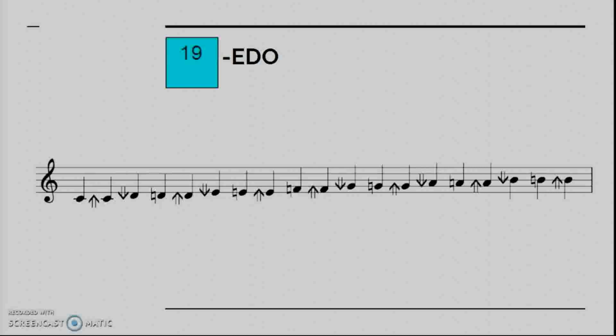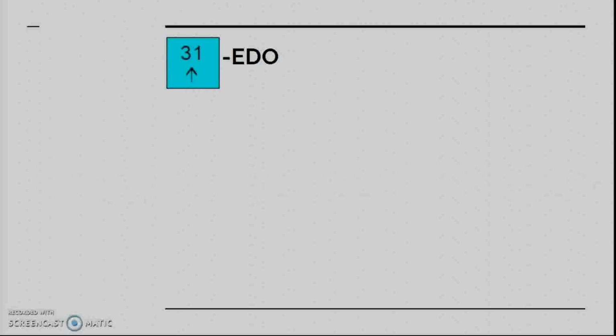If you're curious, here's what 19 looks like in the sagittal style, which rejects conventional sharps and flats. We haven't seen this symbol yet, and you don't need to worry about it yet, but that's basically sagittal's own sharp and flat symbol. Sharp when pointing up, flat when pointing down. I think it's kind of nice how this makes the relationship between sharp and flat more clear. Like any other sagittal, they're the same alteration, just in opposite directions.